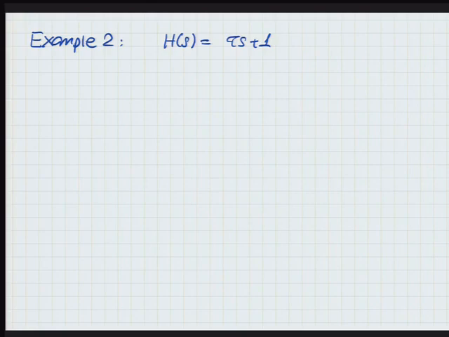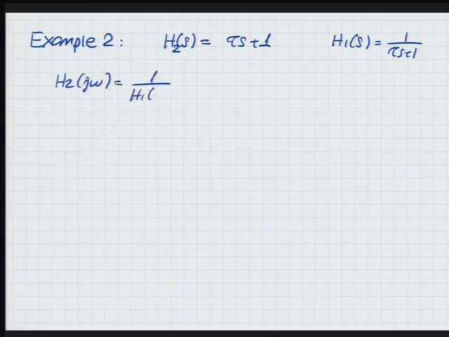Let me call this H2, and let's think of H1 in example 1 as 1 over tau s plus 1. So clearly, H2 of j omega is 1 over H1 of j omega.